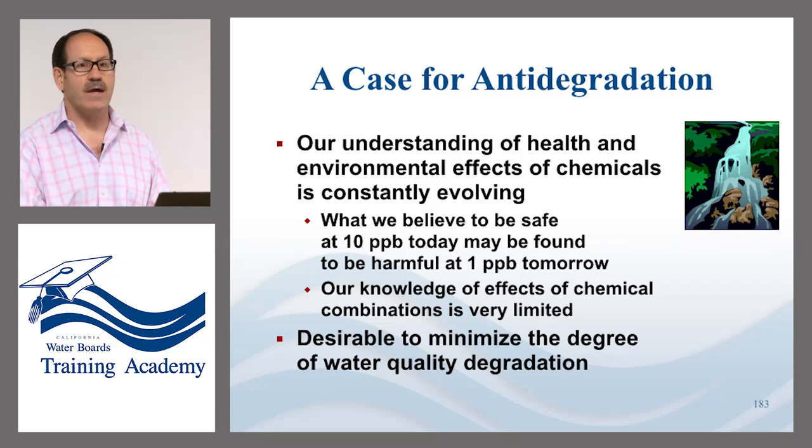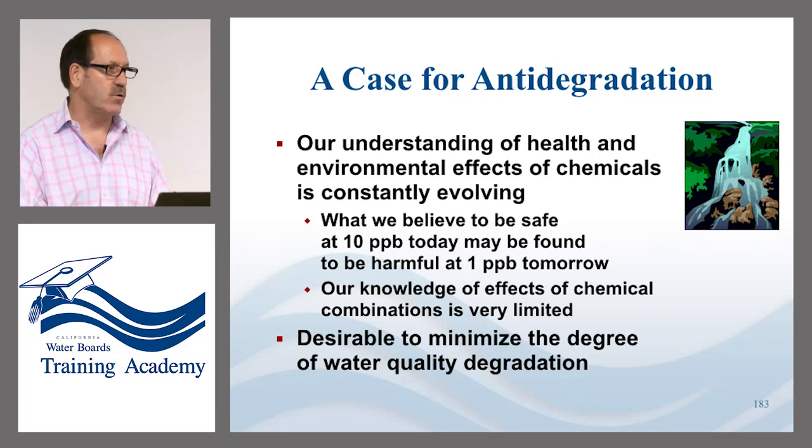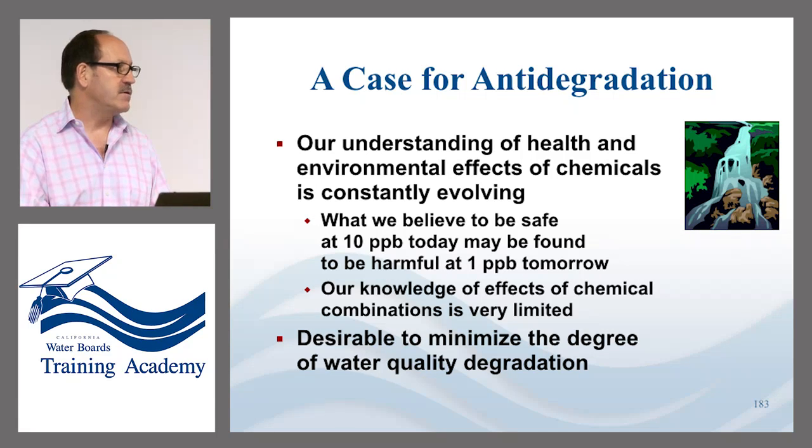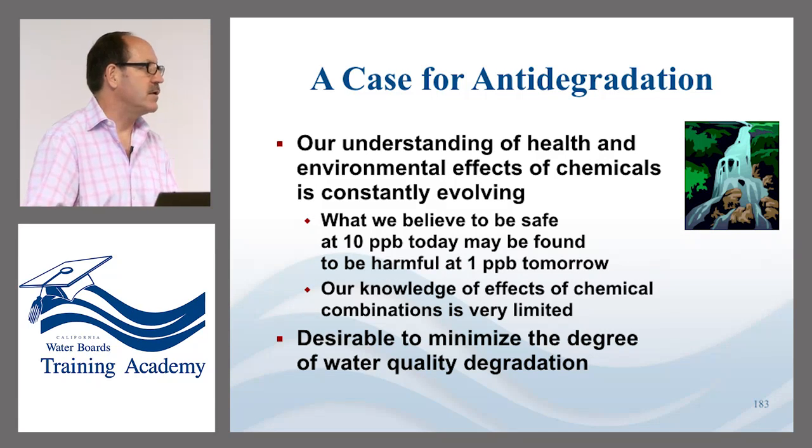We now know cadmium is much more harmful to aquatic life than we knew back in the year 2000. So what's safe at 10 ppb today may be found harmful at 1 ppb tomorrow. So it's desirable, again, to keep our waters in better shape than designated in our water quality objectives.